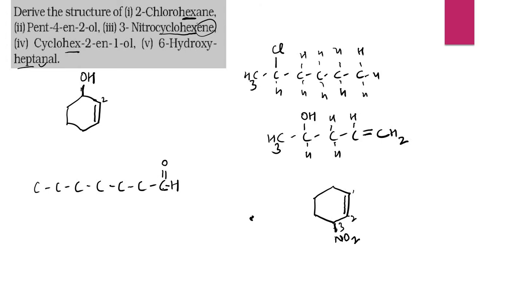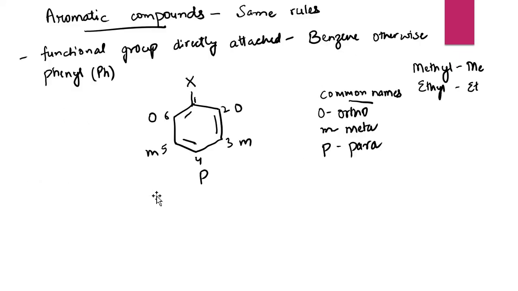This is the one position. So 1, 2, 3, 4, 5, 6. At 6th position I have OH group. Okay. Now I'll just complete the valency with hydrogen. CH2, CH2, CH2. So this will be the structure. I hope you're getting it. You need a lot of practice.